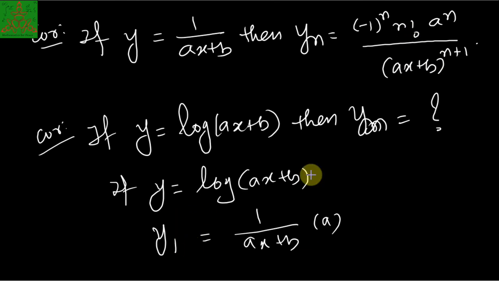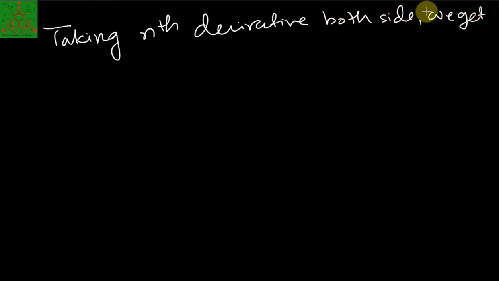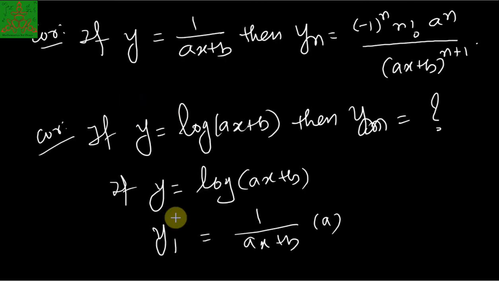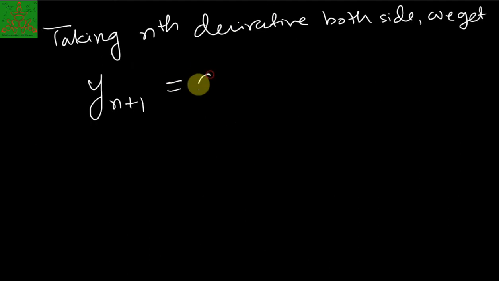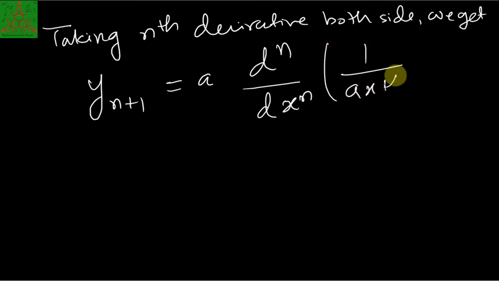So if I take the nth derivative on both sides, we get y n plus 1. Because the first derivative is already done, the nth derivative we have to calculate, and there a is a constant, so it is a times the nth derivative of 1 upon (ax plus b).